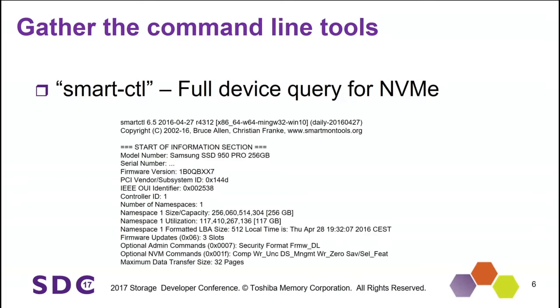There's another tool called SmartCTL, which comes from smartmontools.org. This gives you the information you want for what your NVMe device reports itself as. And it's just another command line thing. All it does is an identify controller and identify namespaces, and prints those out for you.